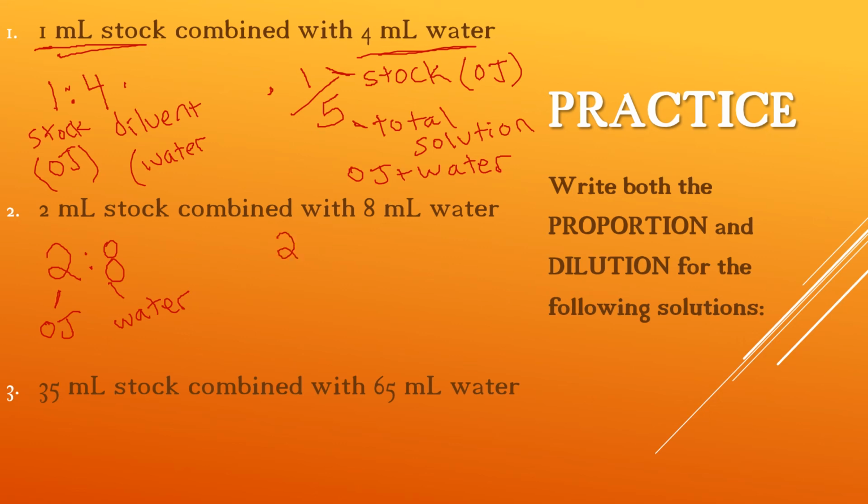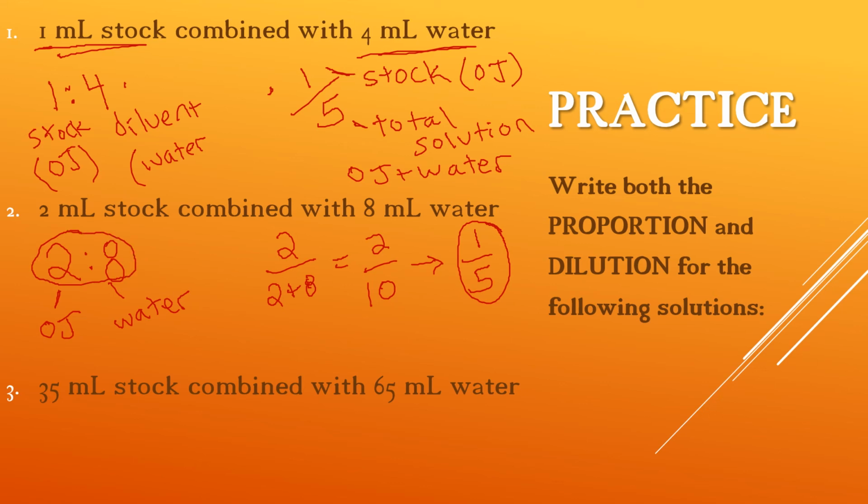We would write 2 over 2 plus 8, which would be 2 over 10. And then we want to reduce that down to 1/5. So a dilution would be the 1/5. And now you're still saying the same thing as 2:8.